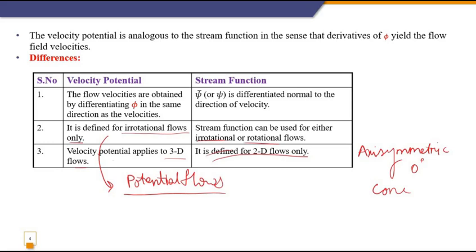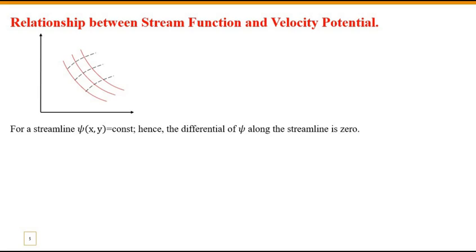Now, what is the relationship between these two, the stream function and the velocity potential? Is there any possibility that we can establish a relation between these two? Yes, certainly we can. So in order to establish a relation, let us consider this as a line where phi is equal to constant.